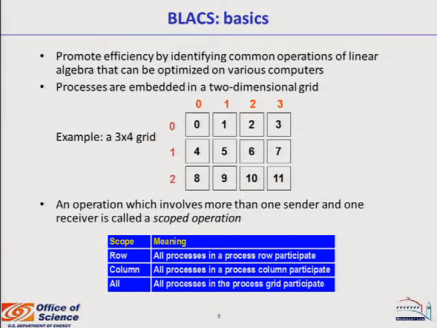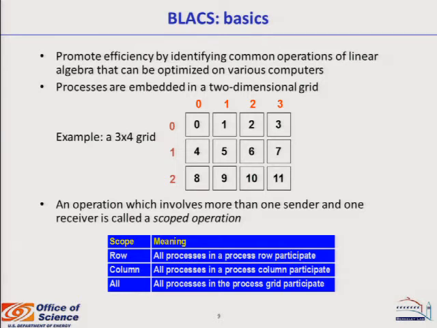If we count the processes also starting from 0 and row-wise, following the C way, it goes 0, 1, 2, 3, 4, 5, 6, 7, and so forth. Given a process row and column, of course, we can identify the rank of the process or the core participating in that particular grid, where we have to distribute our data.